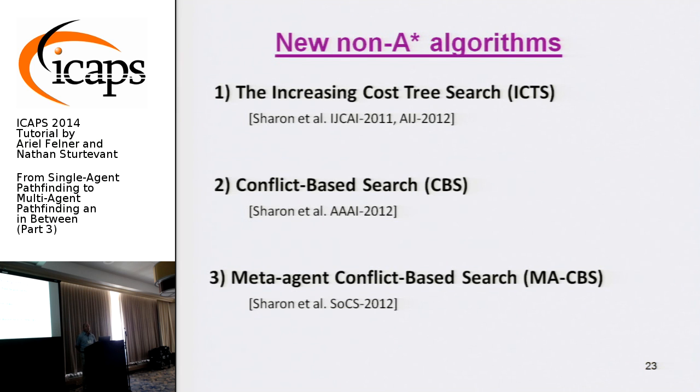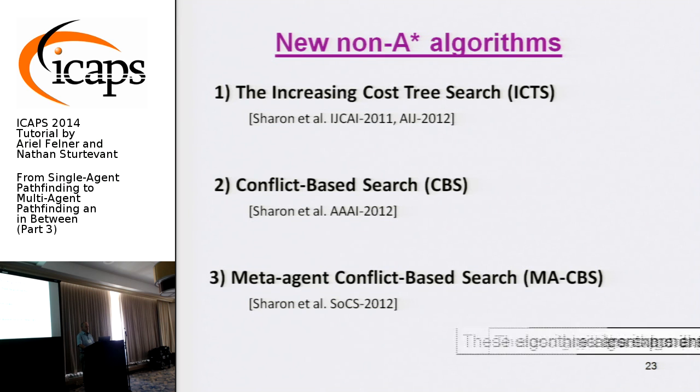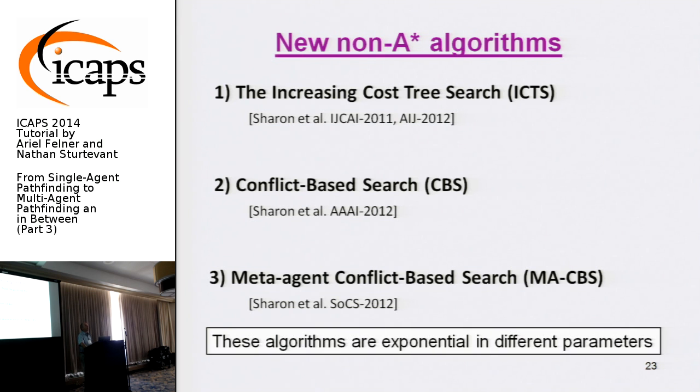I would like to cover in what's left new non-A star algorithms, all done by my student Guni Sharon. They are search-based algorithms, but not A star, something else. All these algorithms are exponential, but they're exponential in different parameters.